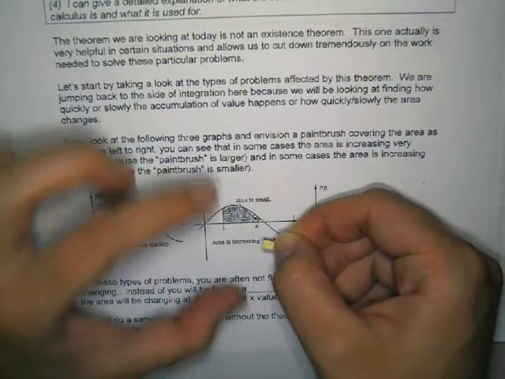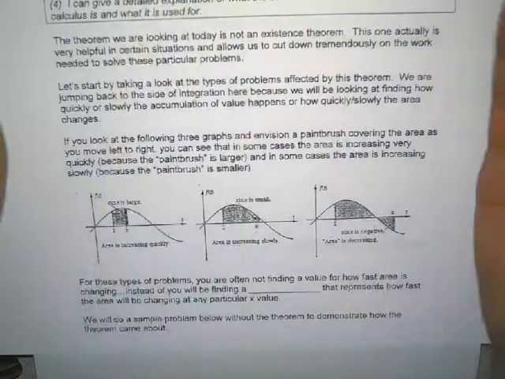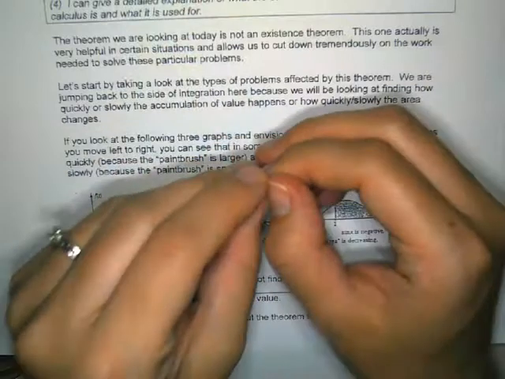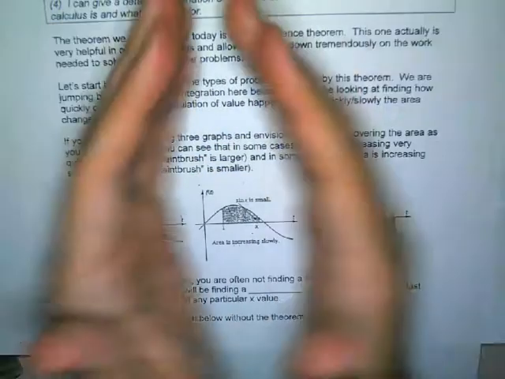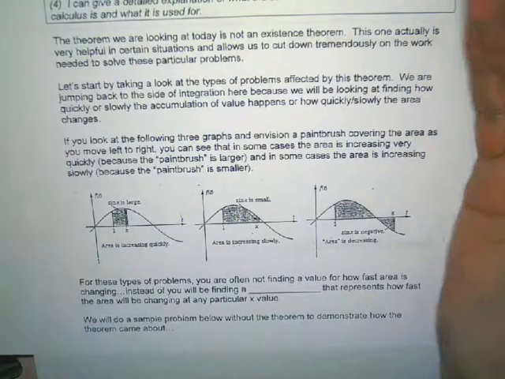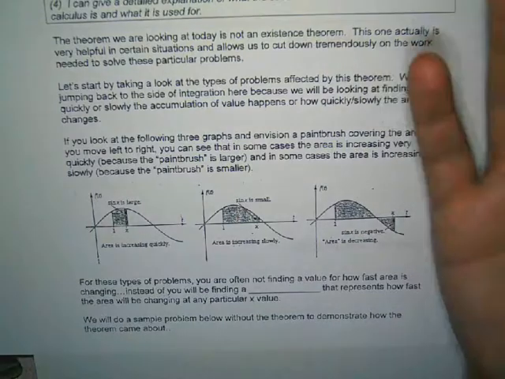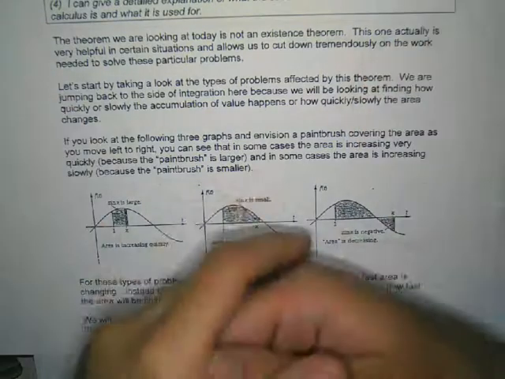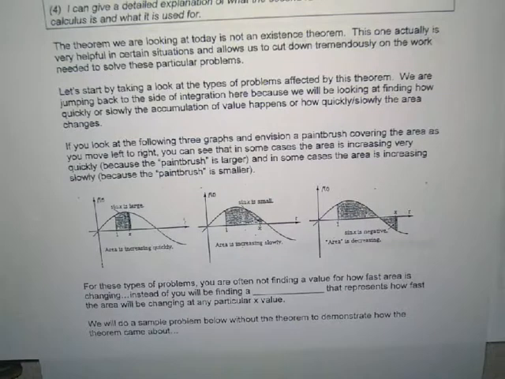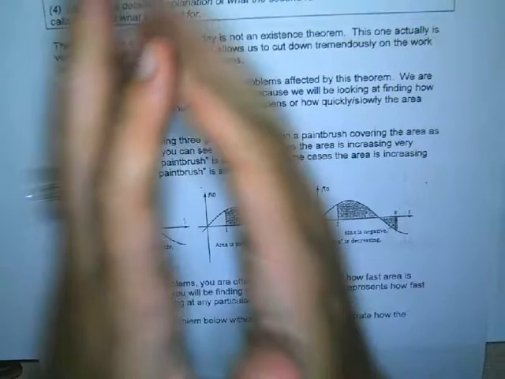If you envision a huge wall, people that paint for a living have these huge 18-inch rollers, and they can cover a bunch of area in a short amount of time.